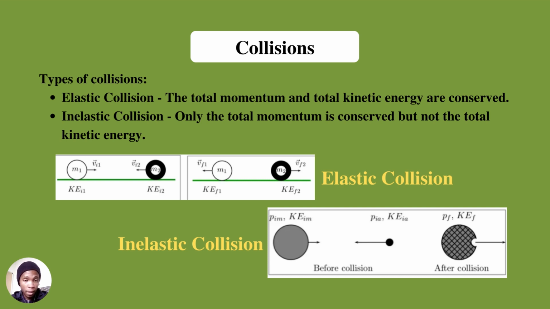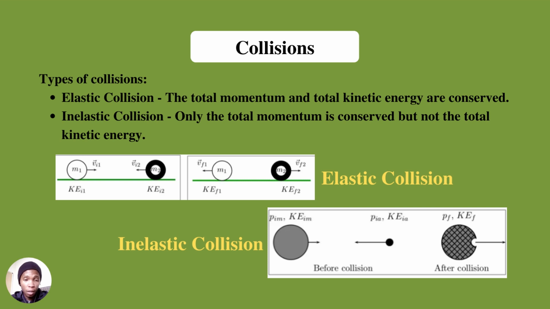You can see it in the first diagram on top, which is for elastic collisions. We have a ball of mass m1 and a ball of mass m2, moving at v1 and v2. When they collide, they separate: the one turns back and the other one turns back. So the total kinetic energy before is also the total kinetic energy after, and the total momentum before is also the total momentum after the collision.